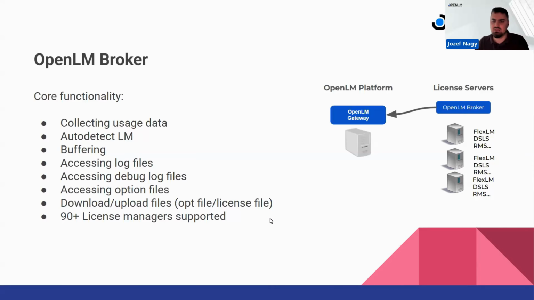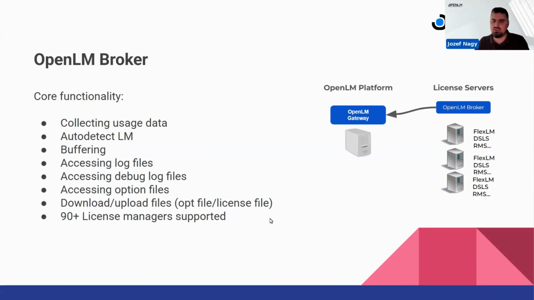For example, with the OpenLM Broker, we are monitoring the licensing part of the application, but with the Workstation Agent, we are monitoring the application itself. Therefore, it needs to be installed on the end user machine. I need to mention that this one is optional.